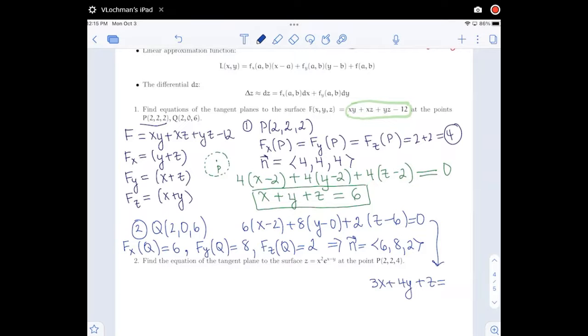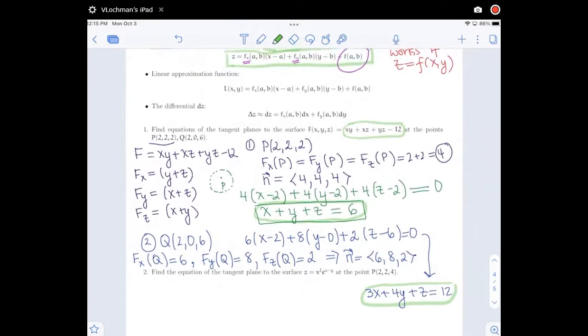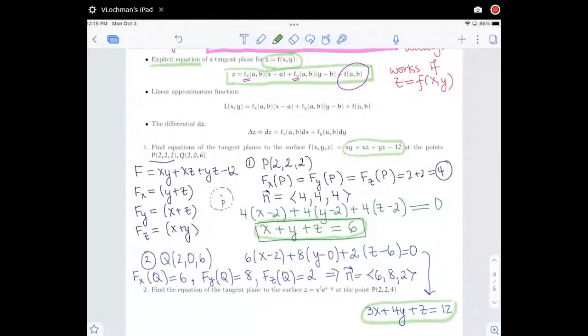And what else do we get? If we reduce this by 2, we're going to get -6 and -6, so that's -12, so +12 if we move it on the other side. Okay, let me go ahead and highlight all of my answer. So these are two tangent planes to our surfaces. Okay, and we used implicit equation.